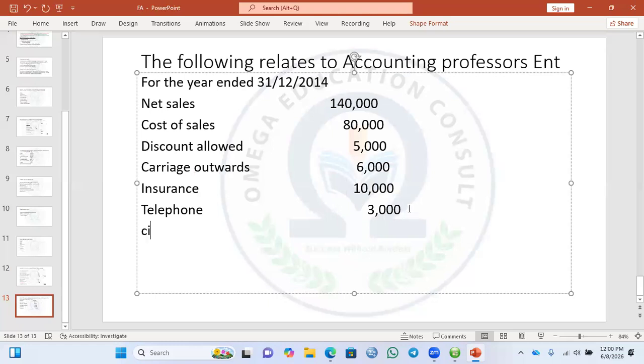You have commission received $4,000. Then you have commission paid $5,000.